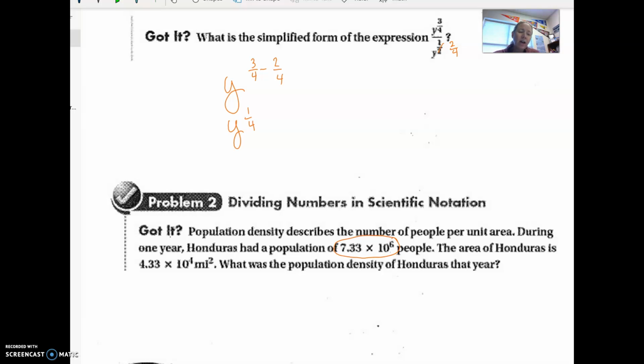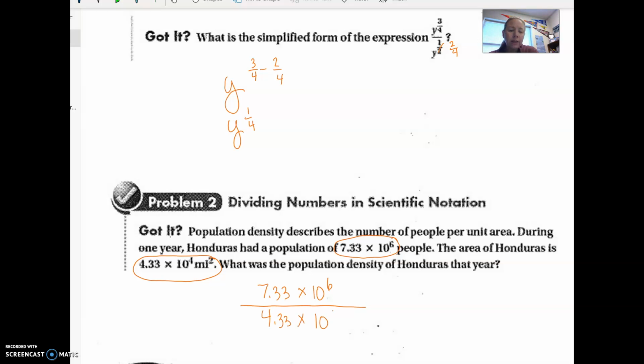And then the area of Honduras is this many square miles. So we want to know what the population density was that year. So think of this as dividing the number of people by the square miles, by the area.